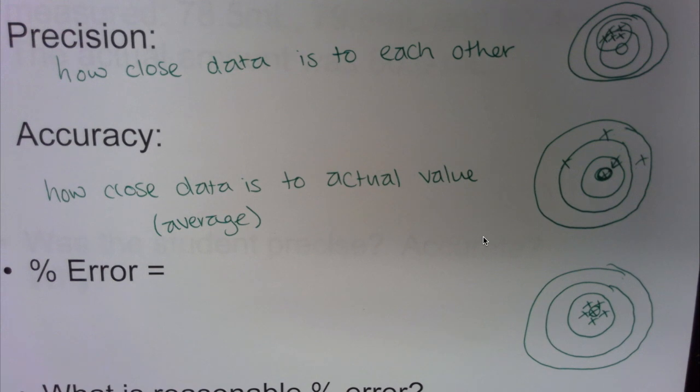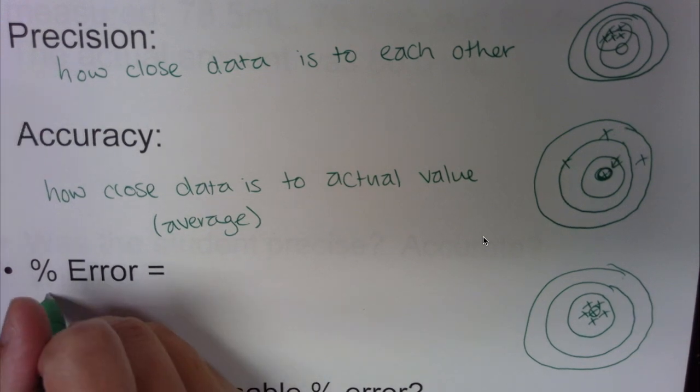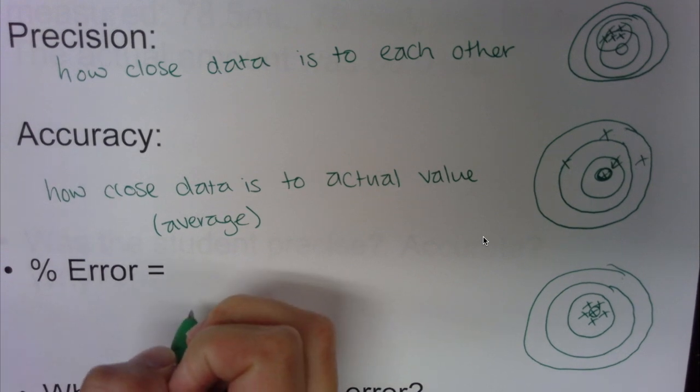So unfortunately, in real life, sometimes data isn't always what we want it to be. This is not an opportunity for us to be like, well, we suck. It's an opportunity for us to figure out why our data isn't what we thought it would be. So a lot of times how we do that is through our percent error.